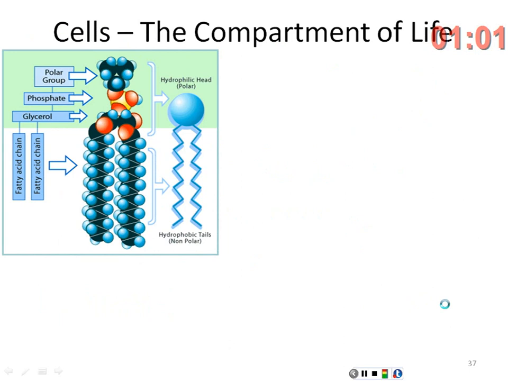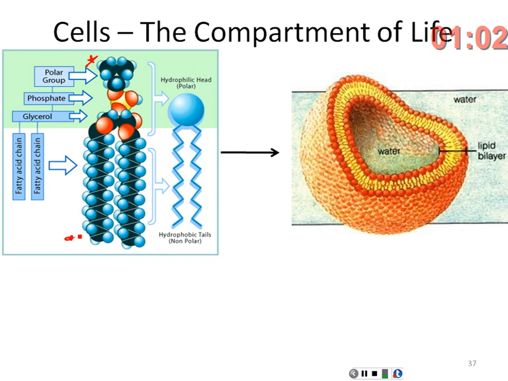And if we talk about life, you have to talk about the cell. That's the compartment of life. That's where life actually happens. And if you remember, I talked about this a little bit before in this class. Cells are made out of molecules that look like this. There's a polar head group and a hydrophobic tail. And when these molecules get together, they can create a bilayer, and that is the outside of a cell, a lipid.